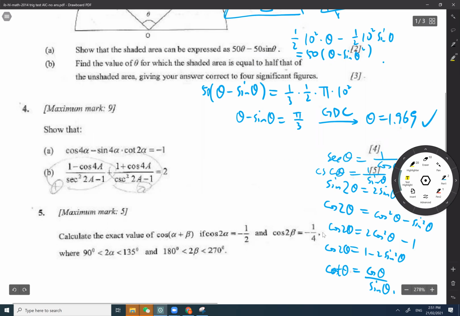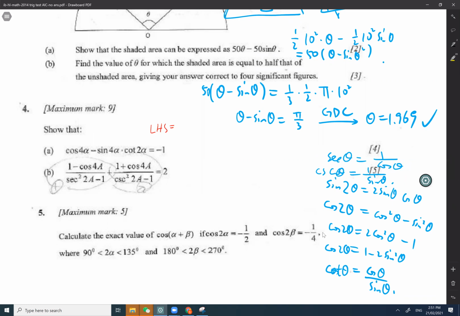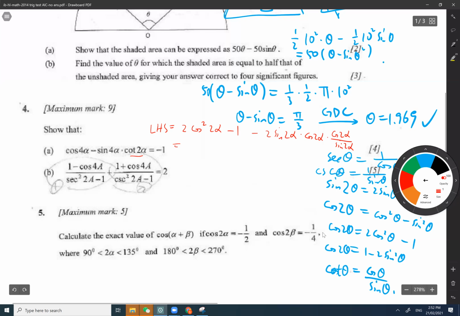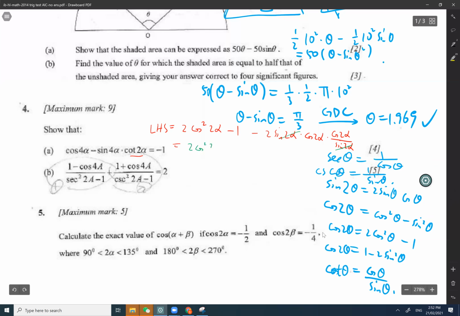Left hand side equals, you have cos 2 alpha, so we need to change cos 4 alpha to something about 2 alpha. 2 cos square 2 alpha minus 1 minus 2 sine 2 alpha cos 2 alpha, cos 2 alpha over sine 2 alpha. Some part got cancelled. Minus 1.